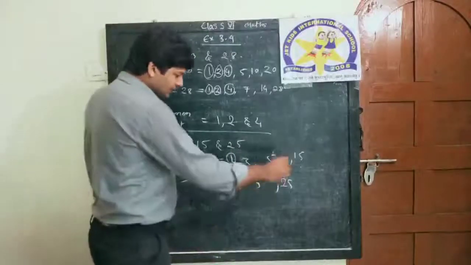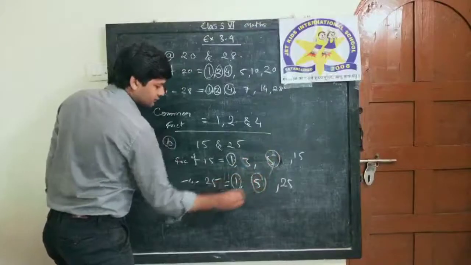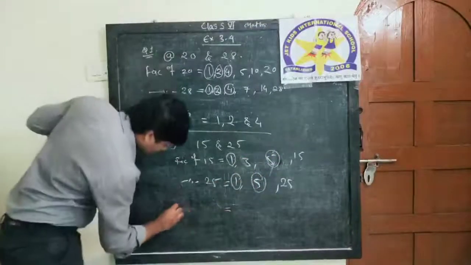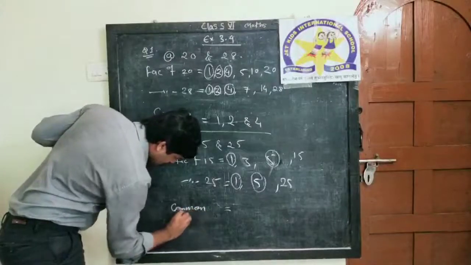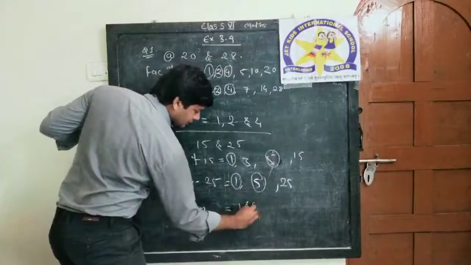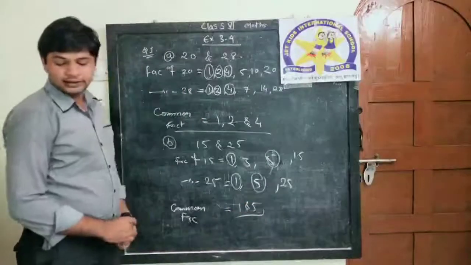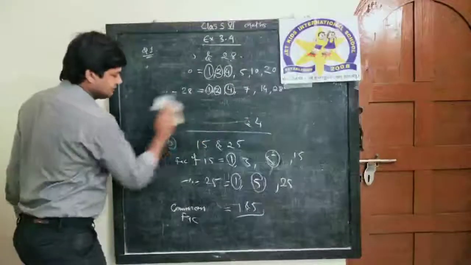So you can check it. Here we have common factors 1 and 5. Clear? Take a screenshot.